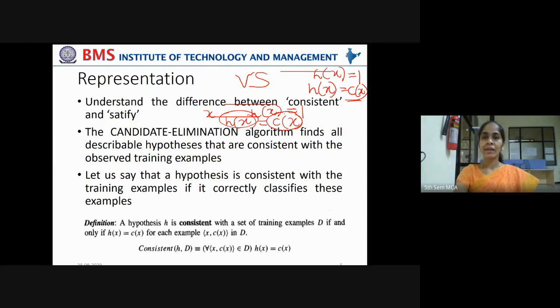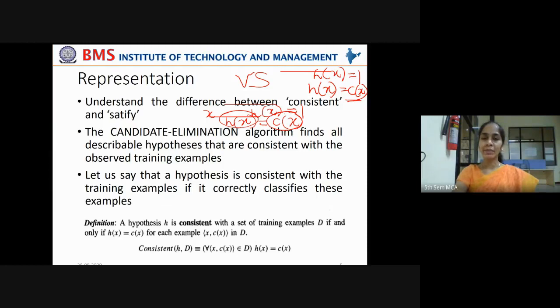If you take the positive examples, then we say that the hypothesis is consistent with the training example X. I'm repeating this. Whenever we say that a hypothesis is consistent with X, the outcome label should be a positive one, it should be yes.